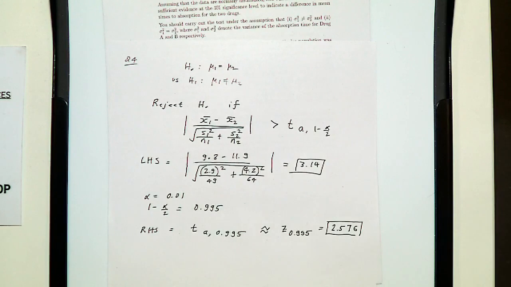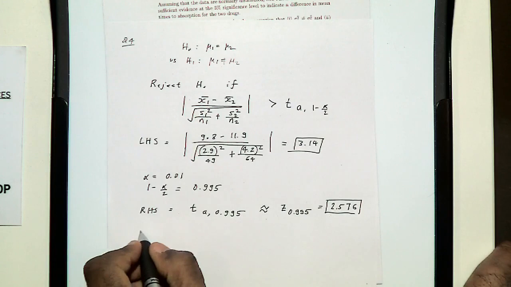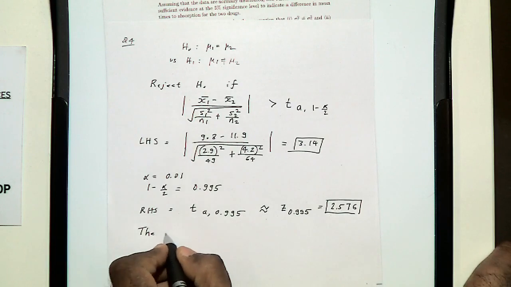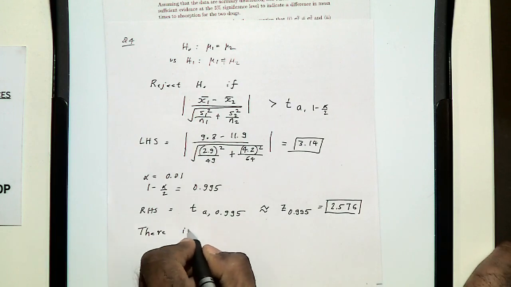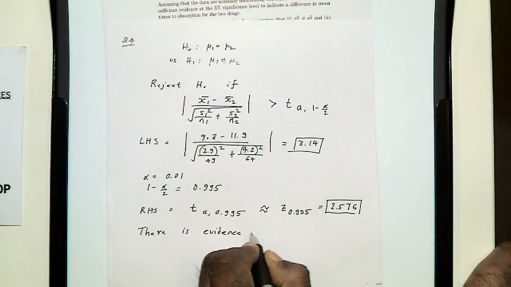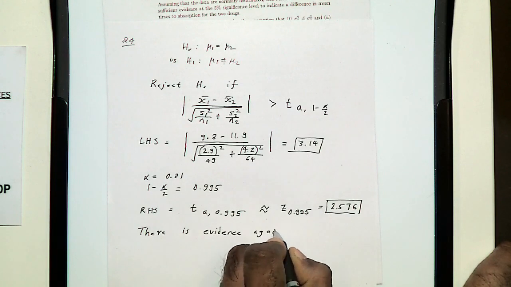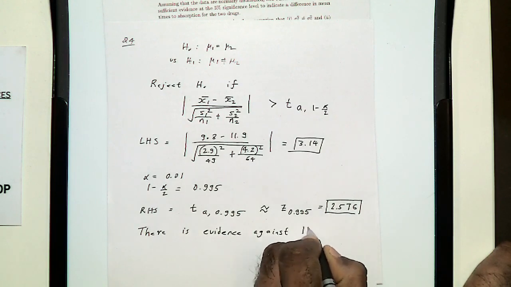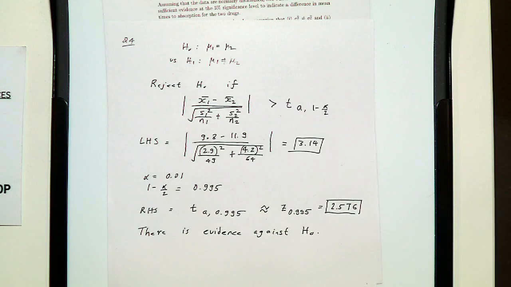So clearly the left hand side is greater than the right hand side, so the conclusion is that there is evidence against the null hypothesis.